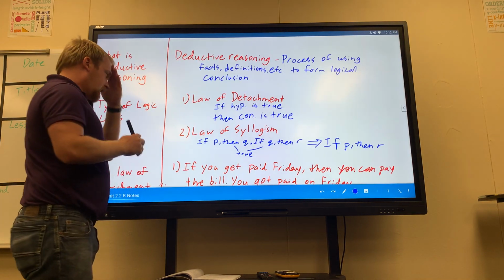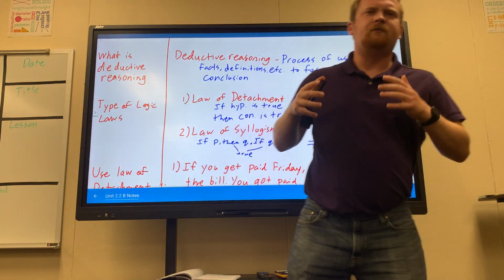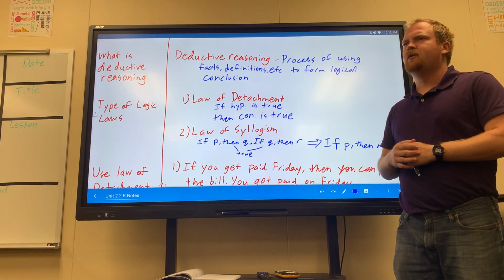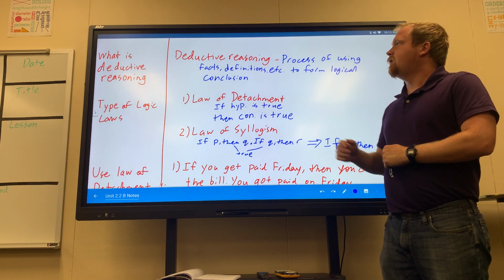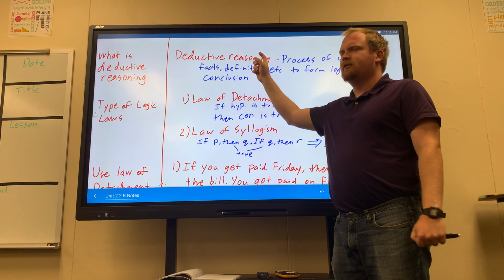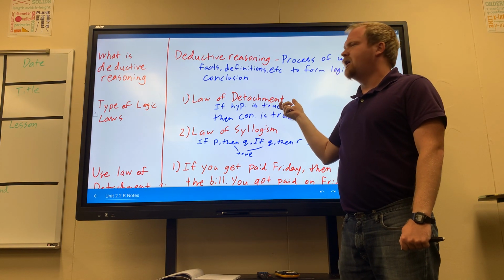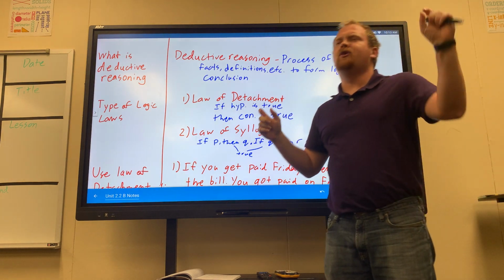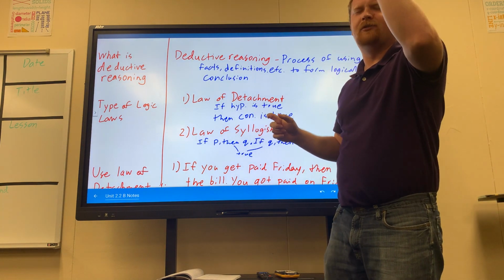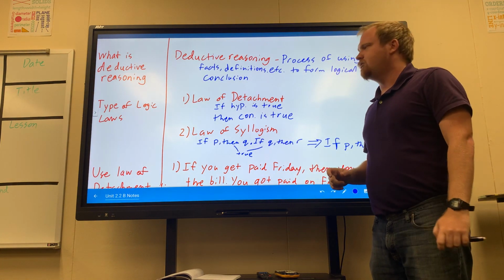So really, we're getting into the basics of proofs, the foundation of proofs and how we go about doing proofs. Okay? In order to get proofs, we do it through deductive reasoning. We use the law of detachment by saying, if we're given the hypothesis and work our way out, we can get the conclusion to be true.